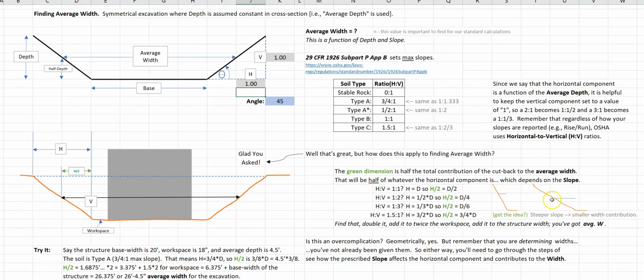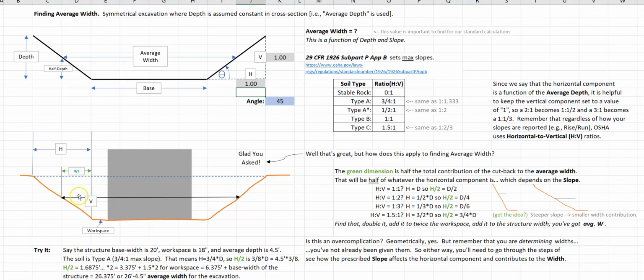And so if it's a more shallow slope, then if we take the ratio here of half of our horizontal component, it's going to contribute much more to the average width. So the average width is going to basically be half of the horizontal, right? Because it's halfway down here, or not quite, but the general idea.